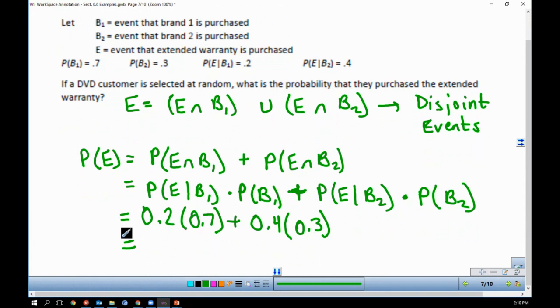So if I do that arithmetic, what would I get? 0.26. Yep. That's the probability that E occurs.